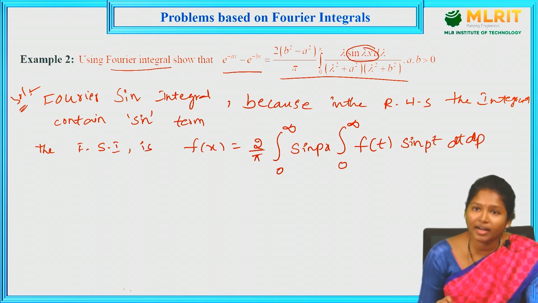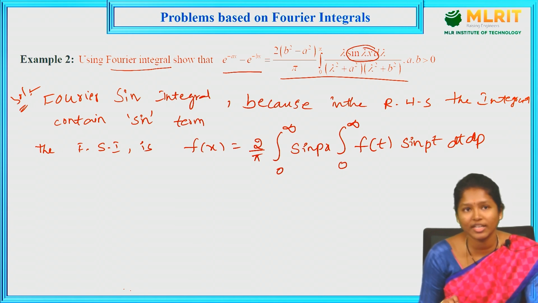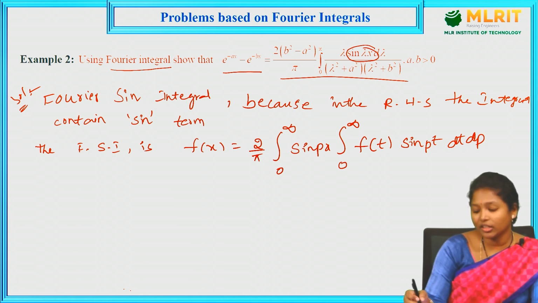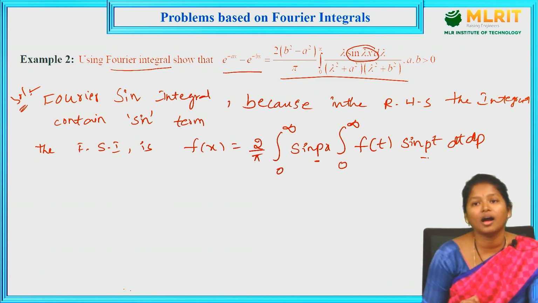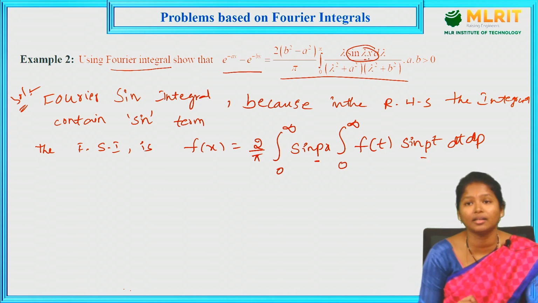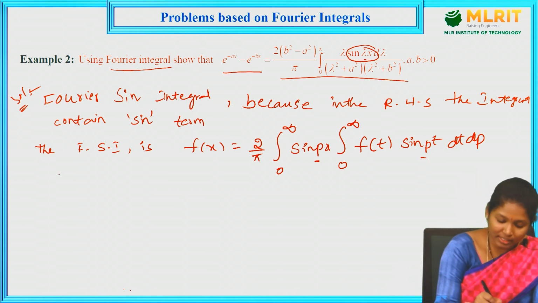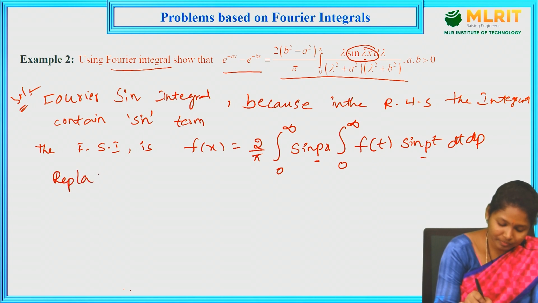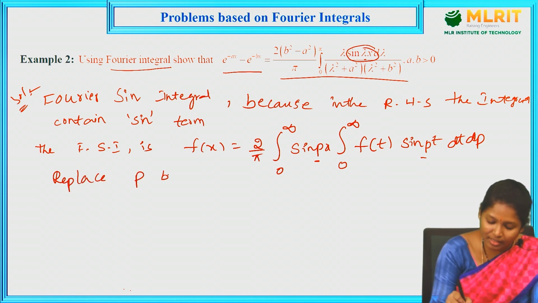This is given, right? So this is the formula for the Fourier sine integral. Here in the formula p terms are there and in the result lambda terms are there, so I am replacing p by lambda.